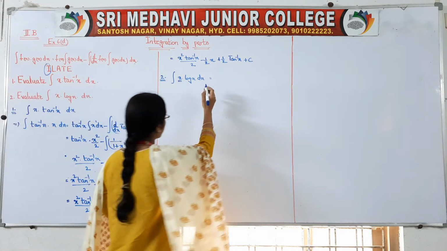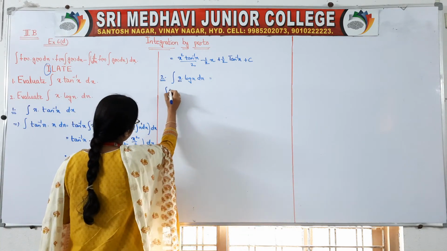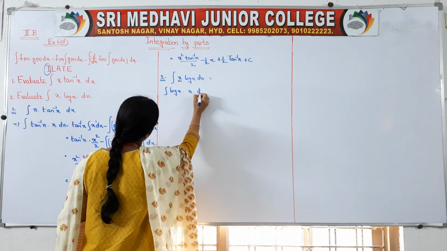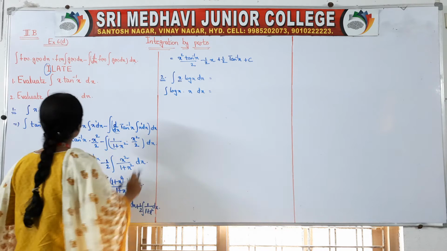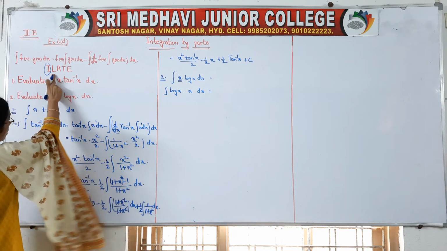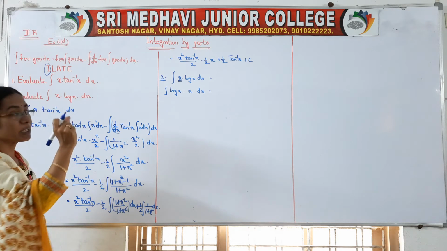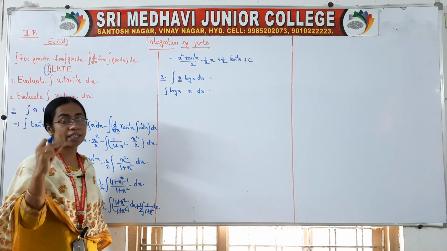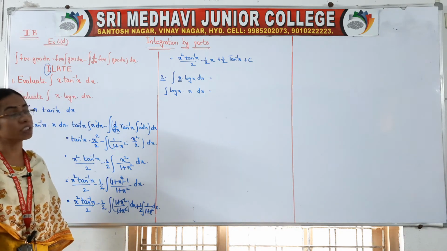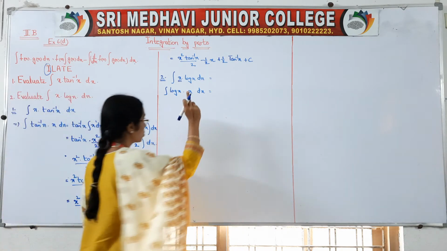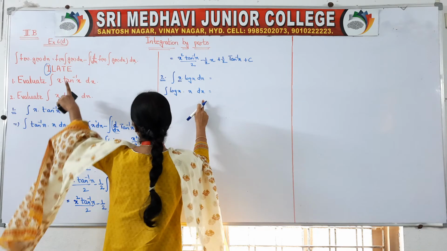So we can write this as integral log x into x dx. Why? First comes logarithm, then comes algebra. x represents algebraic terms. All the x terms, y terms are called algebraic terms. Log means logarithmic term.